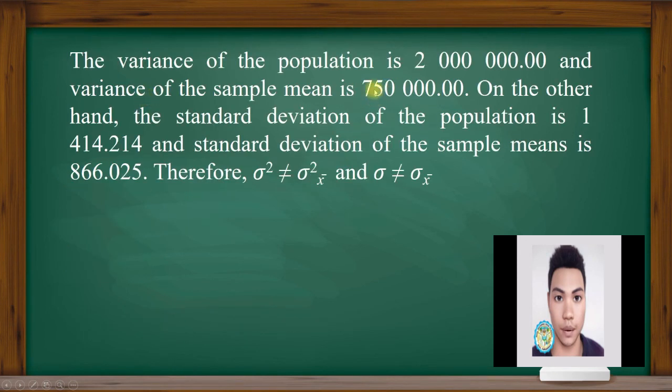So the variance of the population is 2 million and the variance of the sample means is 750,000. On the other hand, the standard deviation of the population is 1,414.214 and the standard deviation of the sample means is 866.025. So therefore, both are not equal.